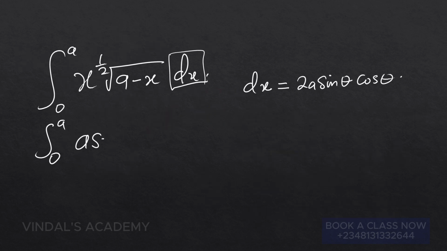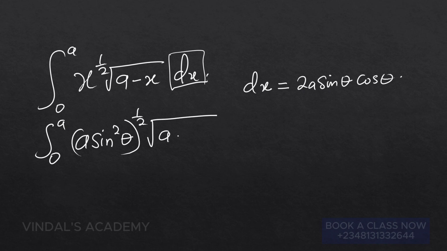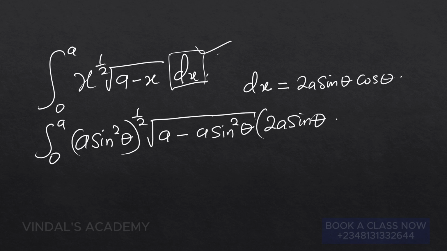So I will put a sine squared theta all raised to power 1 over 2, then square root of a minus a sine squared theta, then multiplied by 2a sine theta cos theta. All right. So this is what we have now.